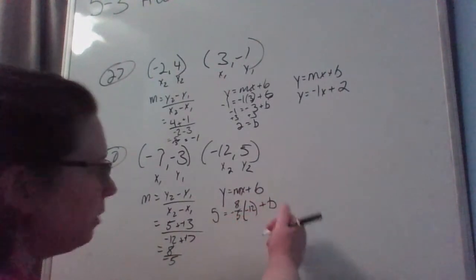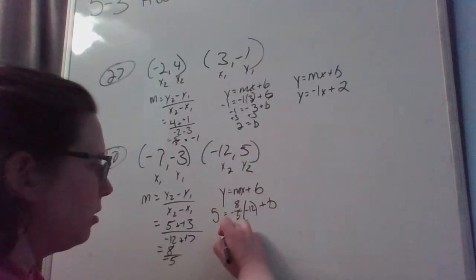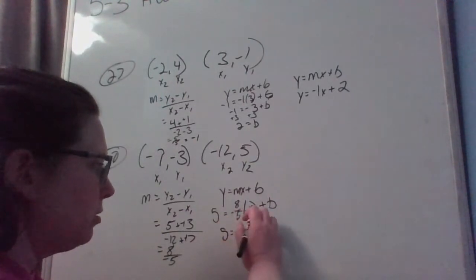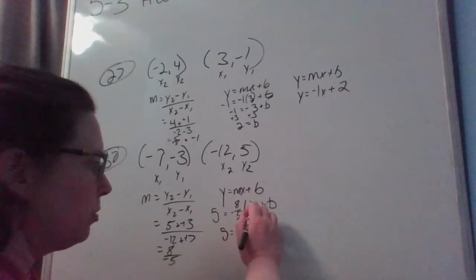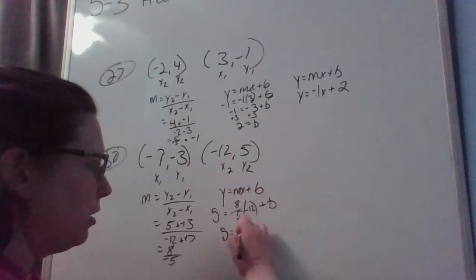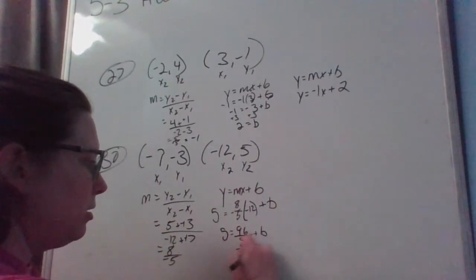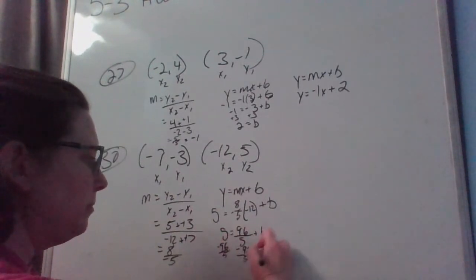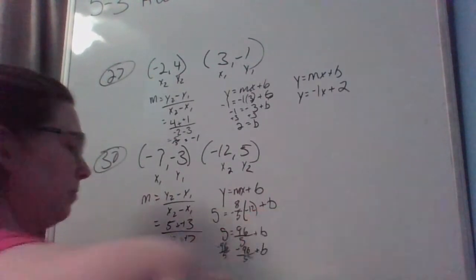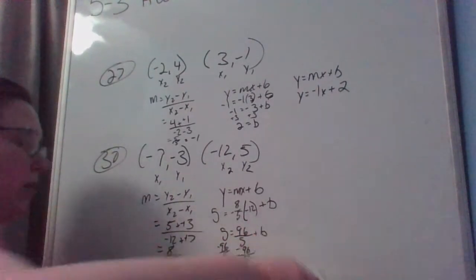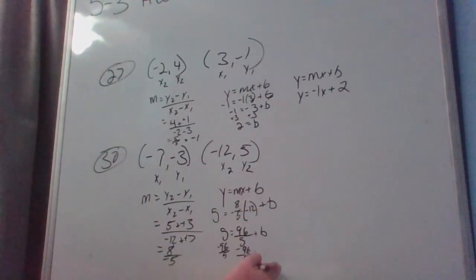Negative times negative would be positive. And let's see, 8 times 12 would be 96/5. So I would then subtract 96/5 from both sides and get my y-intercept here.